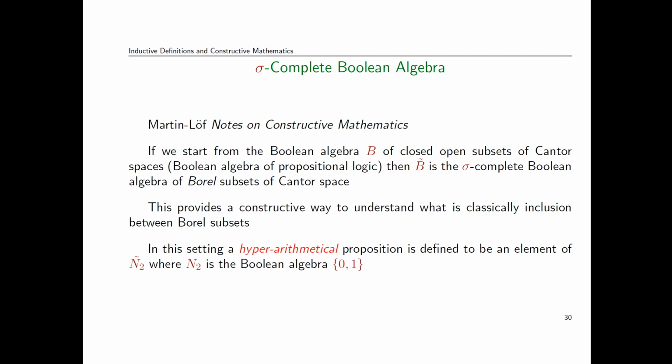So you get a representation of hyperarithmetical proposition. So we have covered two examples that were actually the first examples in classical mathematics of the use of generalized inductive definitions: the example of ordinals and the example of Borel sets.